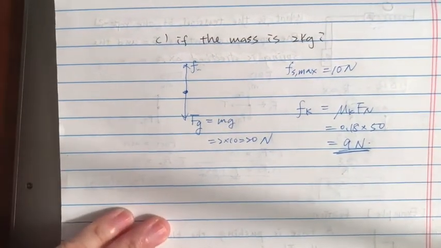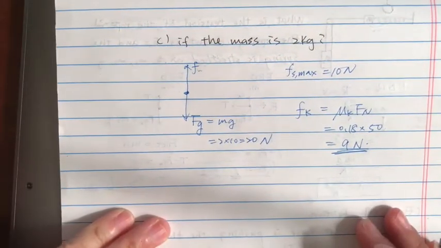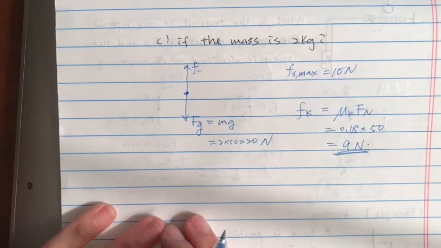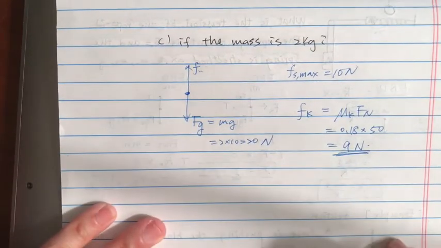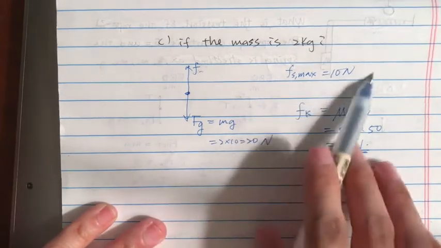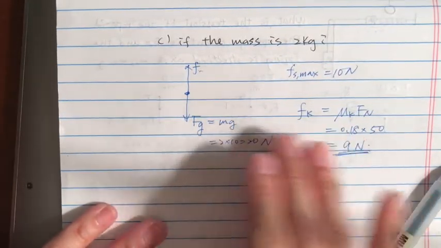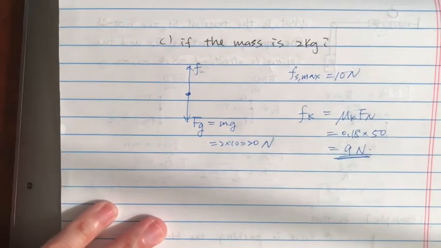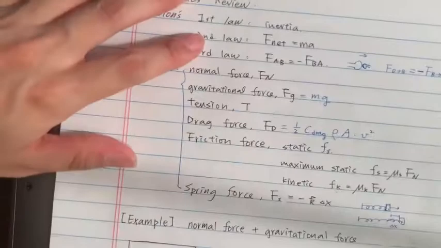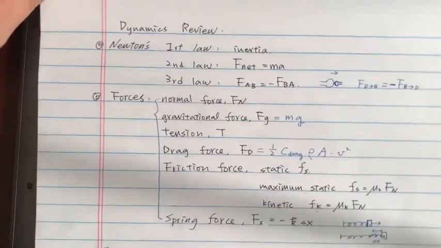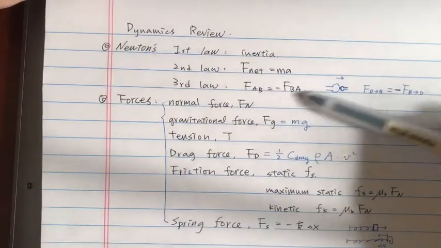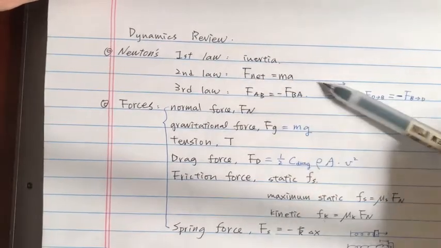All right, so I hope after this example you can understand what is static friction, what is kinetic friction, and how maximum static friction can help you understand whether this object is moving or not. So that's it. And again, in the dynamics part, we talked about the relation between F and a, F equals ma.